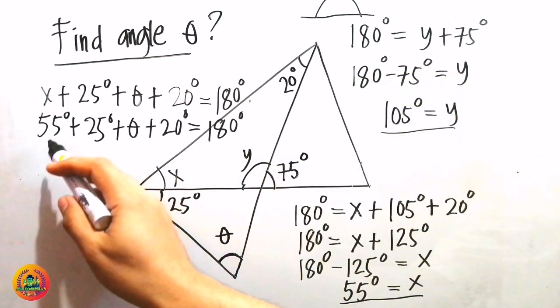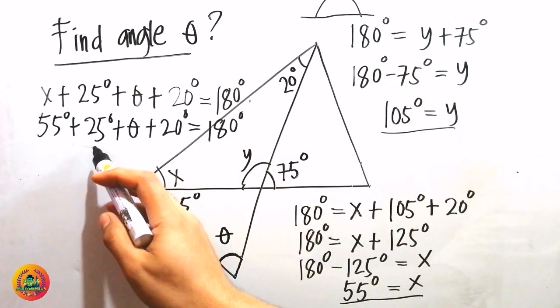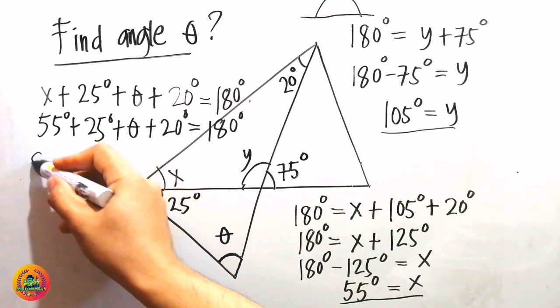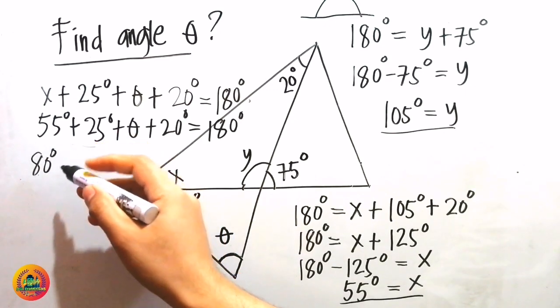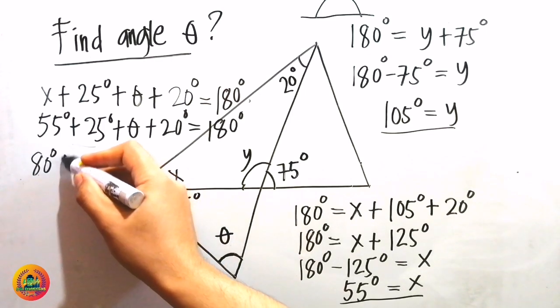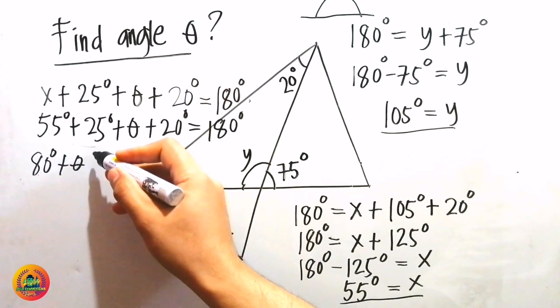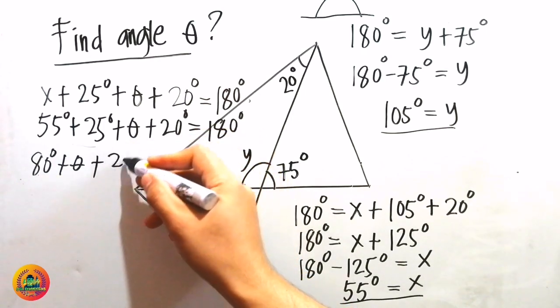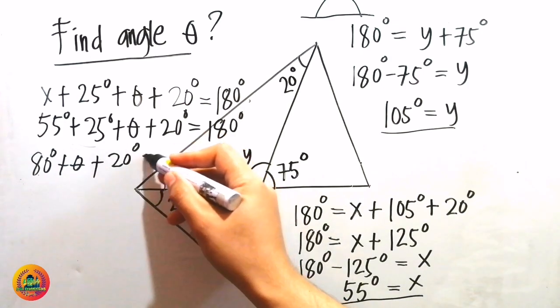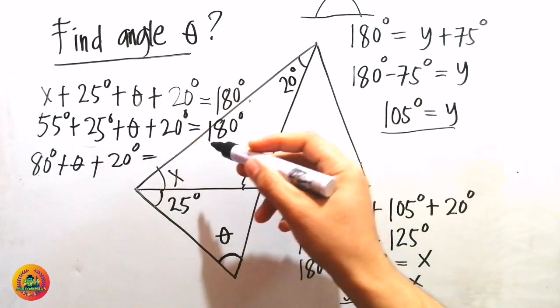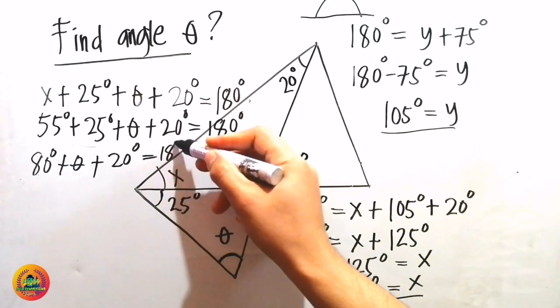Then we will add 55 plus 25, which equals 80 degrees, plus theta plus 20 degrees is equal to 180.